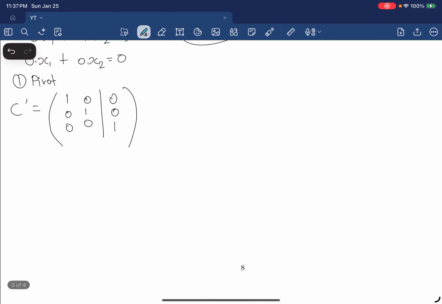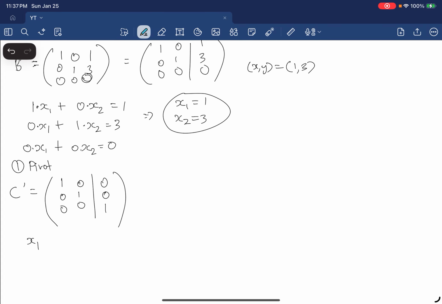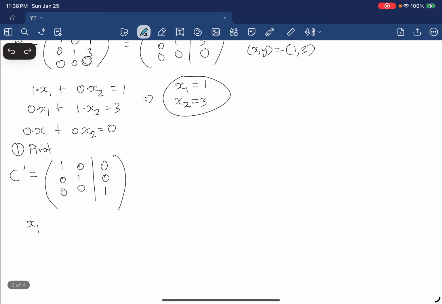Okay, so in this case, it's going to be 1 times x1 plus 0 times x2 equals 0. Then 0 times x1 plus 1 times x2 equals 0. And then 0 times x1 plus 0 times x2 equals 1.